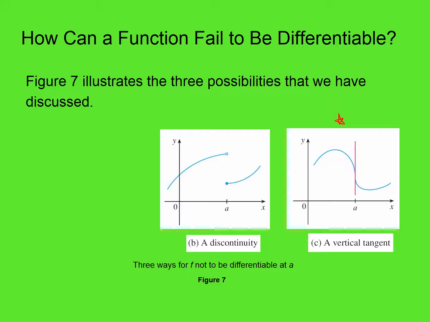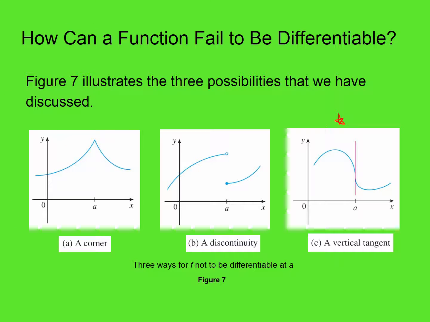Okay, I'll give you that. It does look smooth, but the function is not differentiable at a. So just remember the three ways. Okay, third way is a corner or a cusp, such as in the absolute value function or this one pictured here in a.